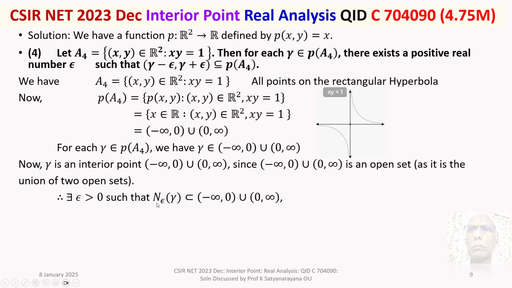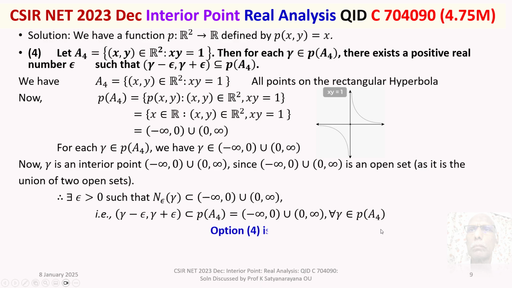That is, the open interval gamma minus epsilon to gamma plus epsilon is entirely contained in P of A4, that is the union of the intervals, for all gamma belongs to P of A4. Thus, option 4 is also true. Summarizing all the options, the answer to this question is options 1, 3 and 4.